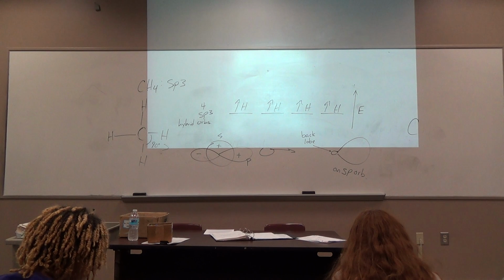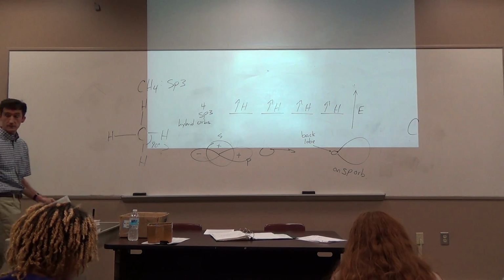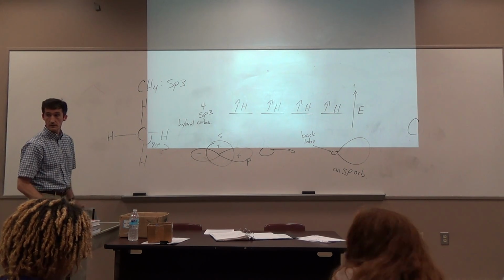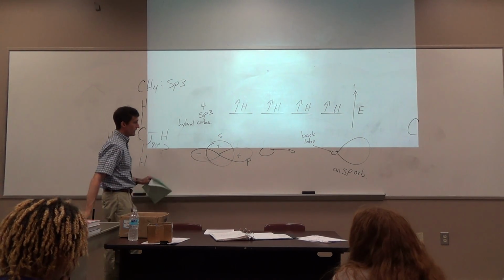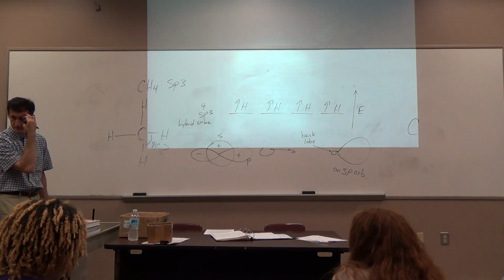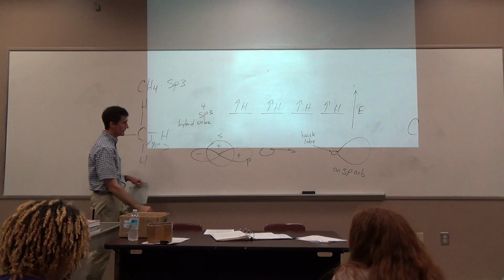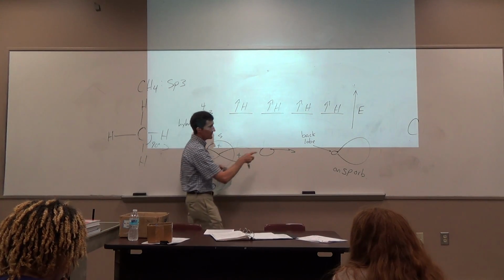Down the road, though, I'll refer to the back lobe, because that's what takes place during a certain reaction. Question? So these pluses and minuses, the pluses mean it's more electrons in those areas? It's basically the phase, orbital phase. There, and reinforcing on this side and not on that side. So we get a hybrid.